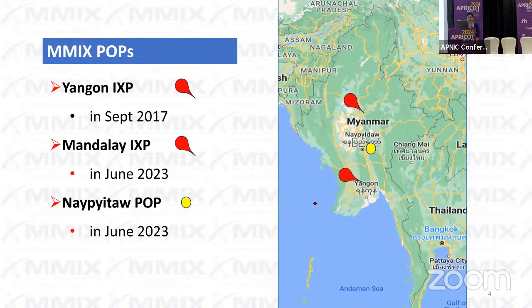For Yangon and Mandalay, because these 2 cities are biggest and most of the ISP have international gateway there, we decided to set up a major IXP in Yangon and Mandalay. But Naypyidaw, even though it is a capital, there is just a few ISP there. So we decided we'll set up just a POP, which is the 1 POP of Yangon.